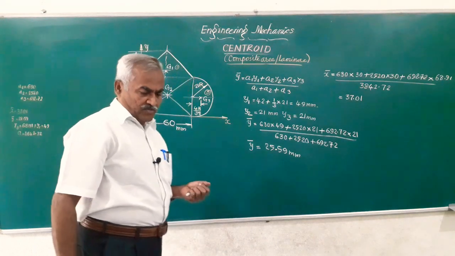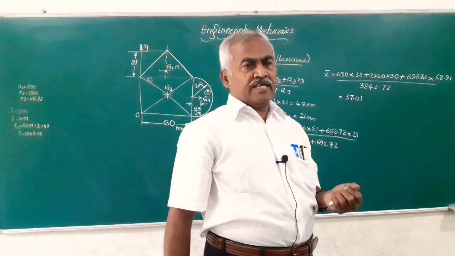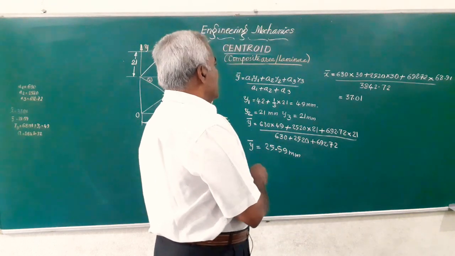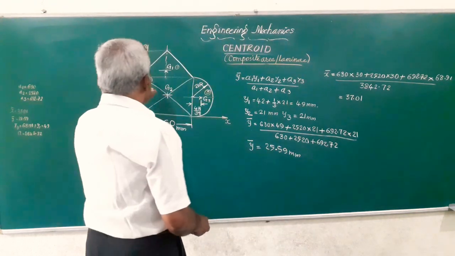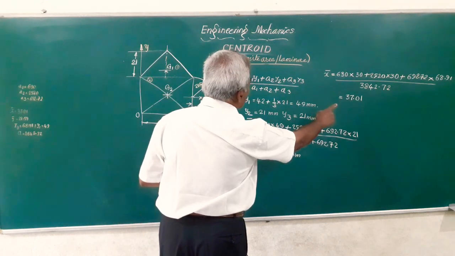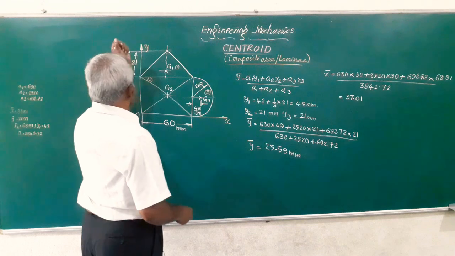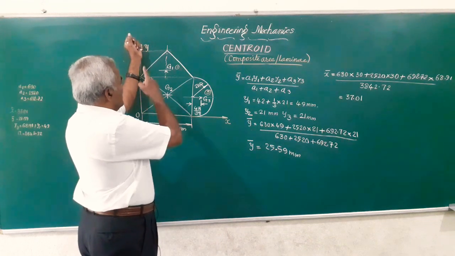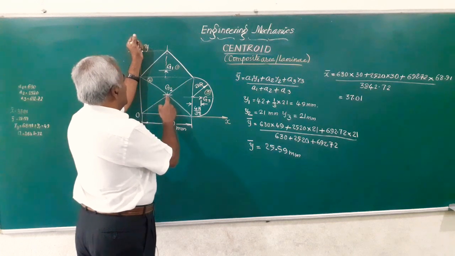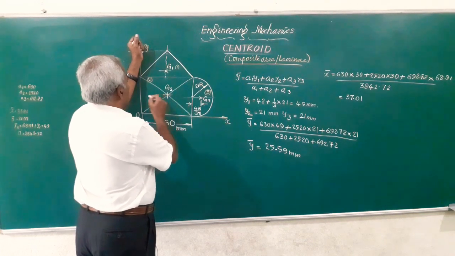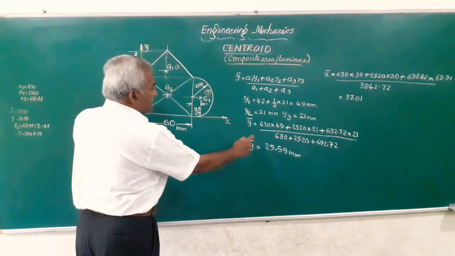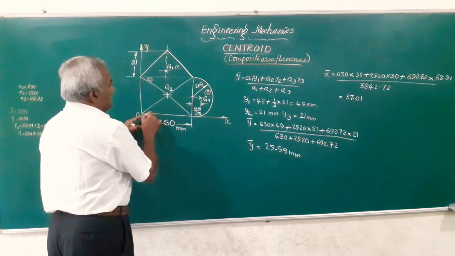Friends, we have calculated both x bar and y bar, and let's see where it lies now on this diagram. So first is x bar. X bar is 37.01. So x distances are measured from the y axis. It is 37.01, up to here is 30, maybe somewhere. We'll just draw a line from here at a height of 25.59.